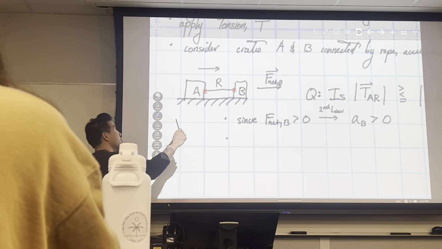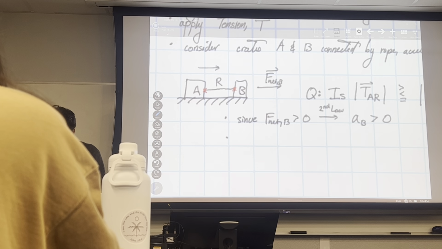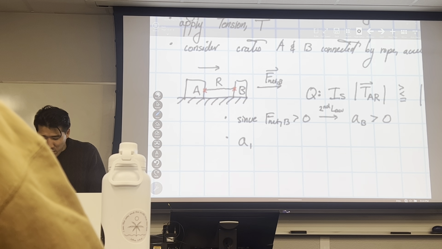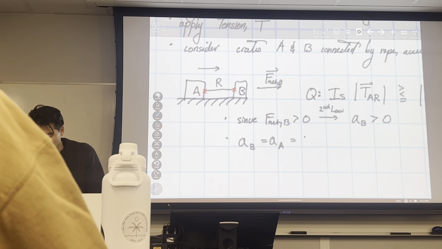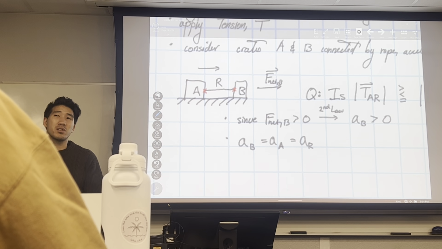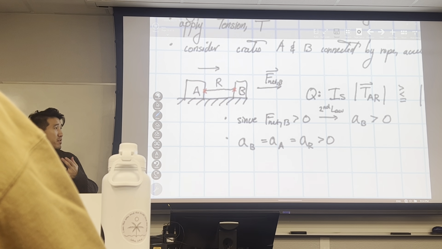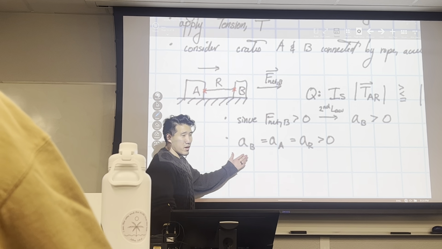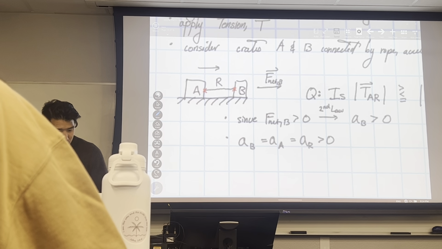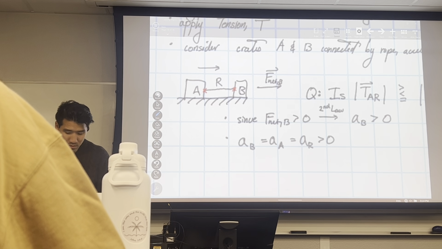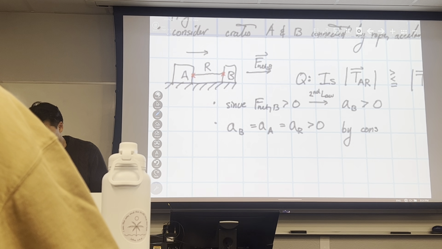We also know, by the fact that all these three objects are connected, that the acceleration of B has to equal the acceleration of A, which is also equal to the acceleration of the rope. Meaning all of these are greater than 0. And this is by the acceleration constraint.